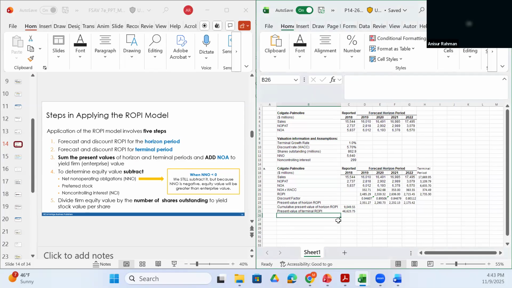So what I'm going to do, I'm going to bring the net operating assets from above, which is this number. Okay. So we have to sum all of these to get to firm value. So total firm, also called enterprise value.